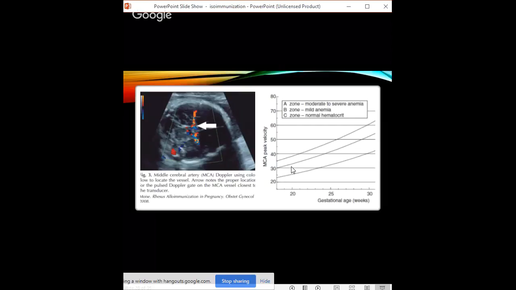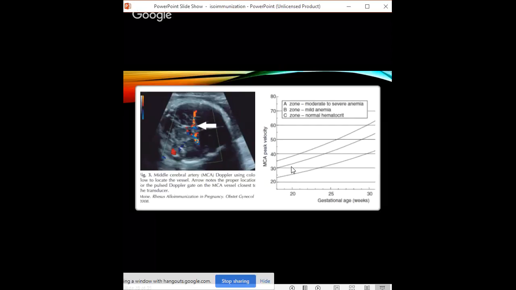cerebral artery. And the basis behind this is that, according to the degree of hemolysis, the viscosity of the blood is decreased because you have fewer products in the blood. So the blood is thinner, so it will rush through the arteries faster.